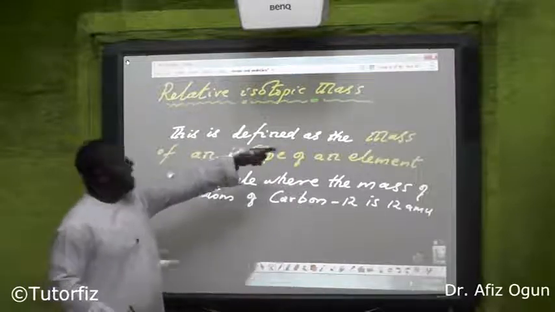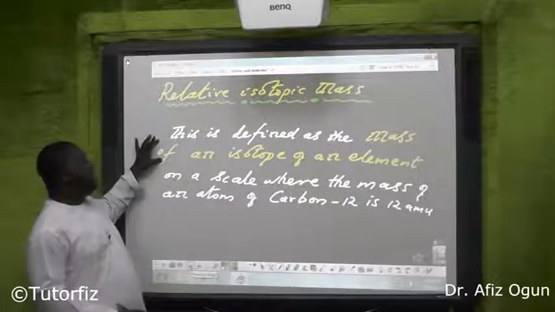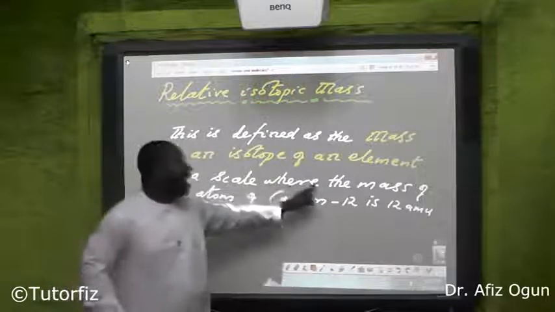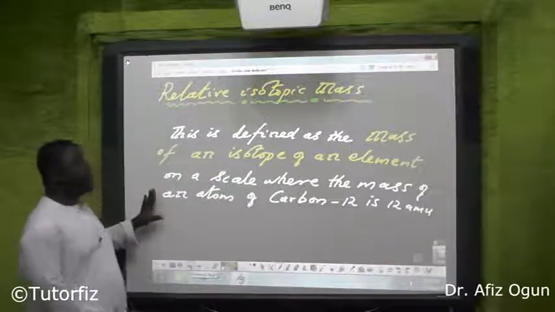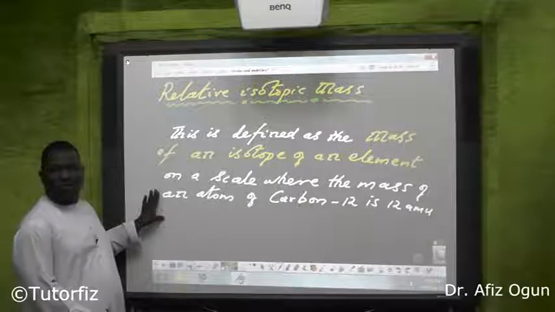This is defined as the mass of an isotope of an element on a scale where the mass of an atom of carbon 12 is 12.